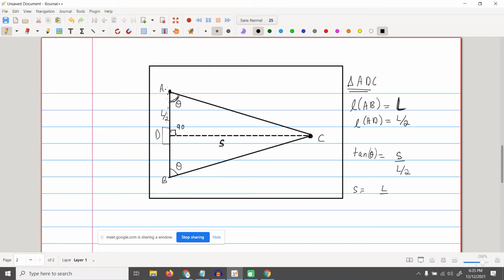Tan of theta. So S will be equal to L by 2 tan theta. Theta we can measure, because that's what we are doing over here. L, we can decide how far we are walking. And once we know what L is and what theta is, we can actually find out how far the football is, even without using a ruler or going to the football.